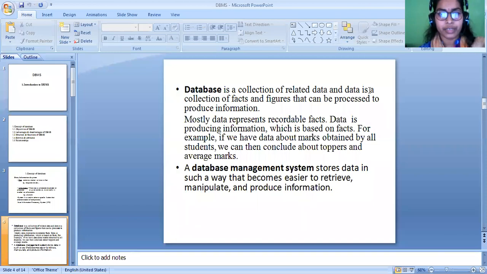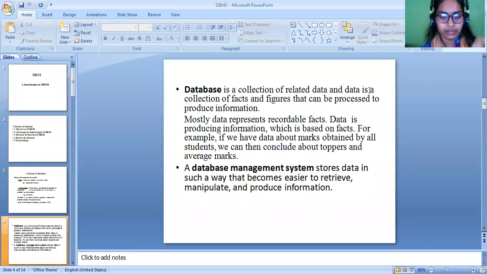Another example of a database is hospital data. In a hospital, a number of staff work, such as doctors and nurses, and there are different types of wards.